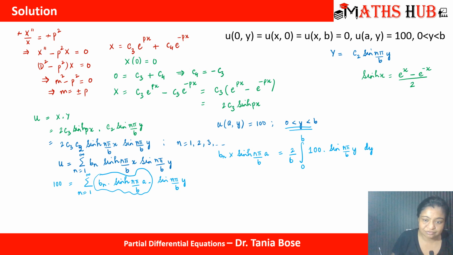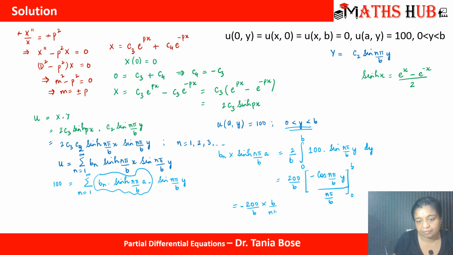Right? So from here you can take out 200 common, 200 by b. Now what is the integration of sine? It is minus cos n pi by b y divided by n pi by b, and you can put the limits from 0 to b. So this will turn out to be 200 by b with the minus sign into b by n pi, and when I put b, I'll get the limit as cos n pi. b and b cancel.